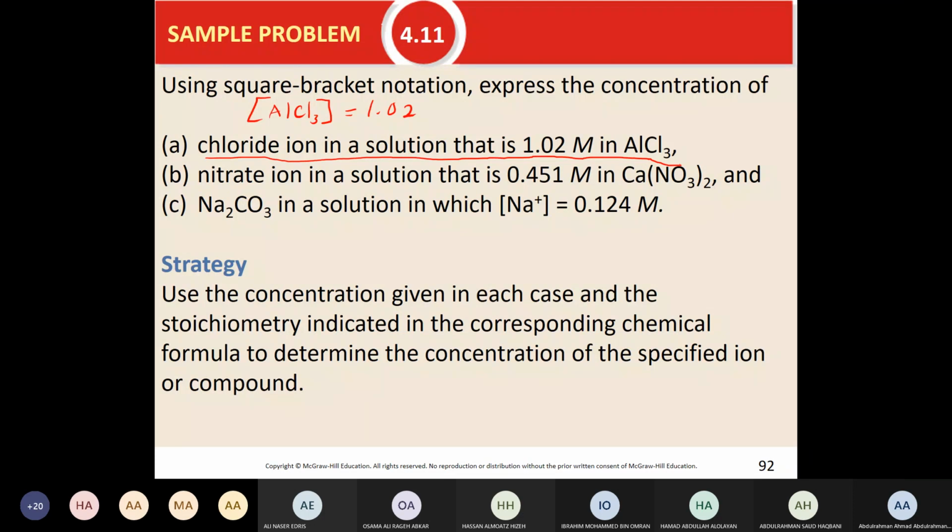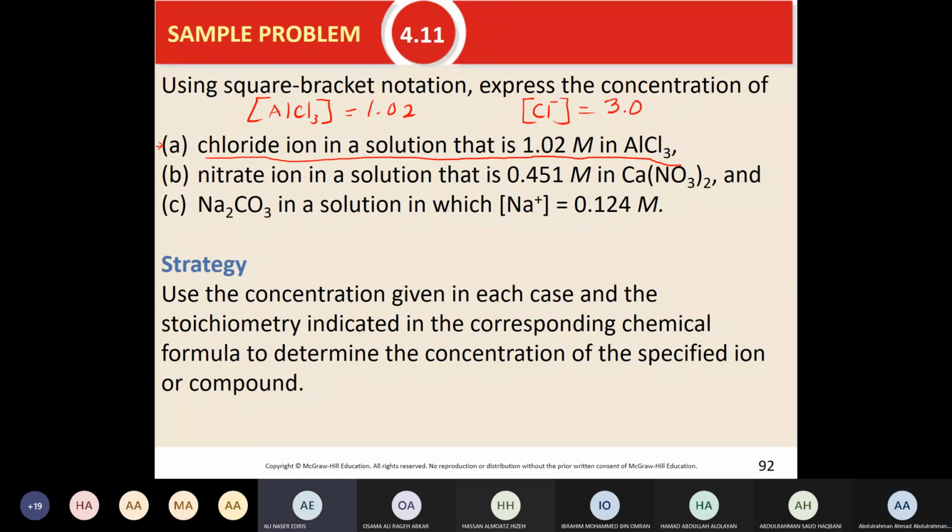We are solving only A. What is it asking about? The concentration of chloride ion only. What's the concentration of chloride ion? 1.02 times 3. Give me the answer.